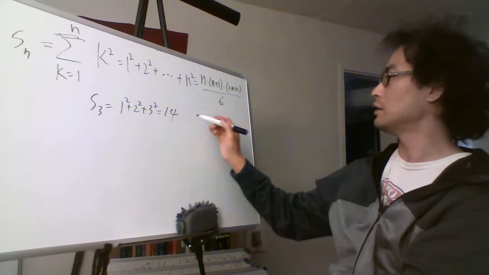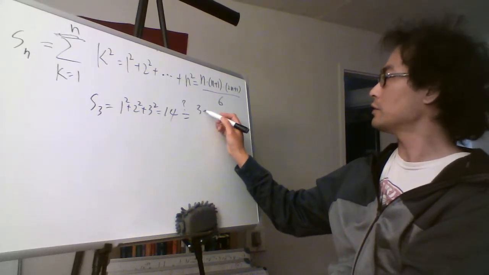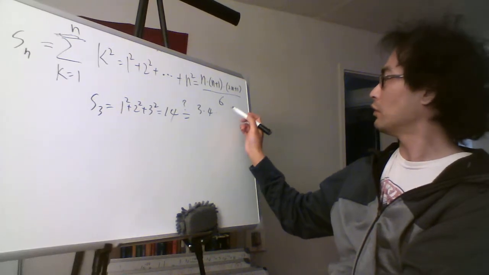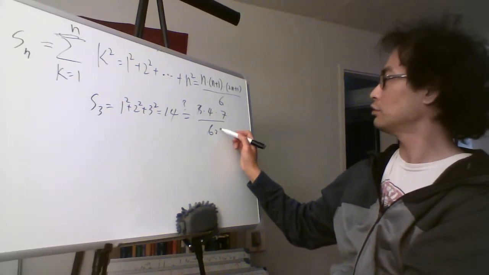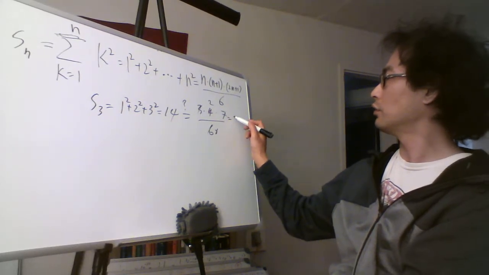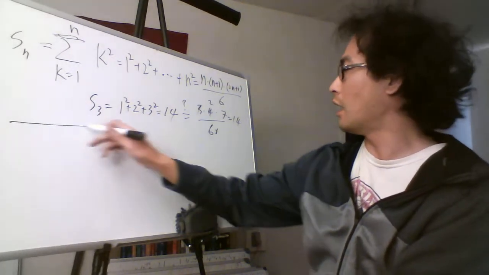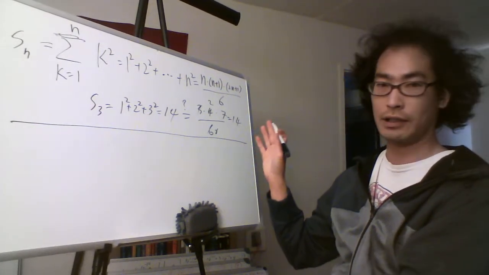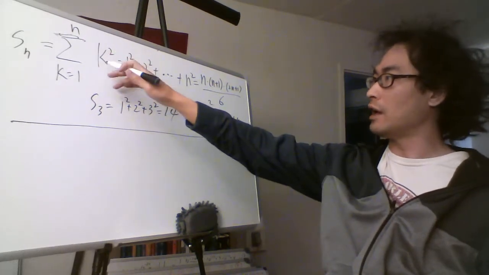How about this formula? 3 times 4 times 7 over 6 is 14. Yeah, it is correct. And I never learned in high school or anywhere the sum of k cubed.